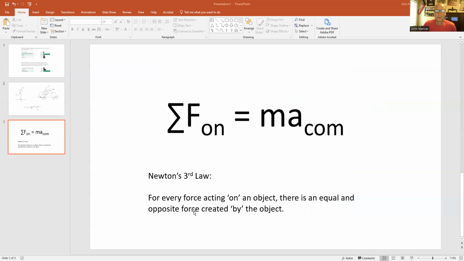That's Newton's second law. Newton's third law tells us for every force acting on the object, there's an equal and opposite force created by the object, or vice versa. It's usually written the other way: we create a force, there's an equal and opposite force acting on the object, but this is equal and opposite. But to use Newton's second law, we only use the forces acting on the object.